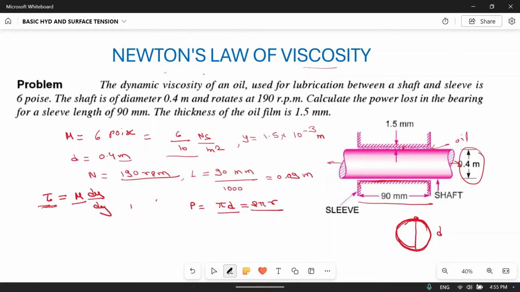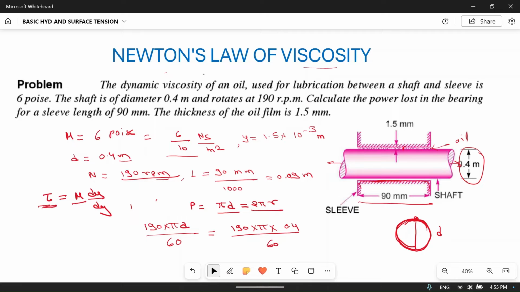So if we rotate 190 times, then it will be 190 into pi d meters. We have to find it per second. In 1 minute there are 60 seconds, so we will divide it by 60. So 190 into pi into diameter of the shaft, 0.4, divided by 60.